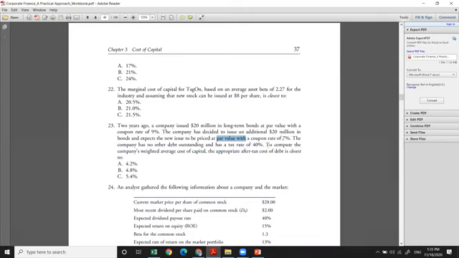So your YTM is 7%, and after tax, 7% times 1 minus 40% gives you 4.2%.